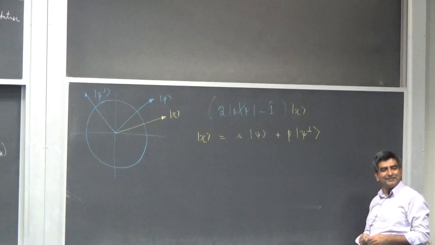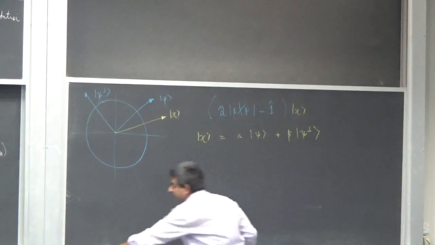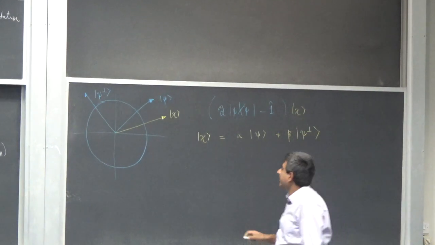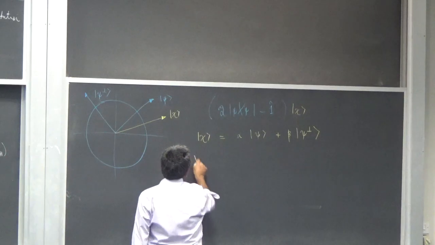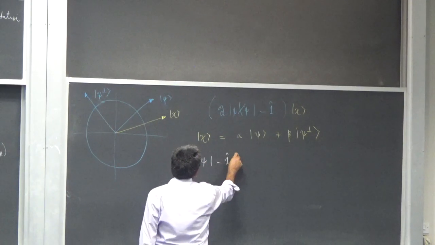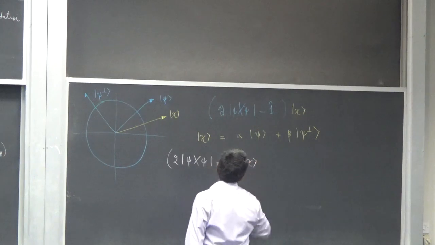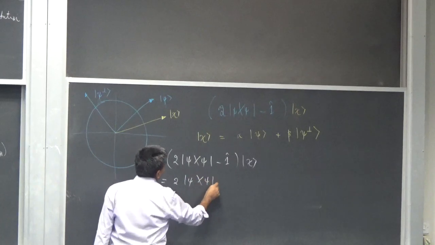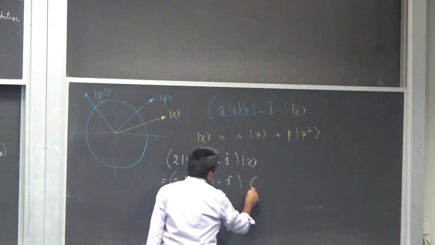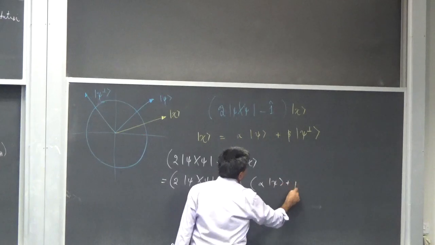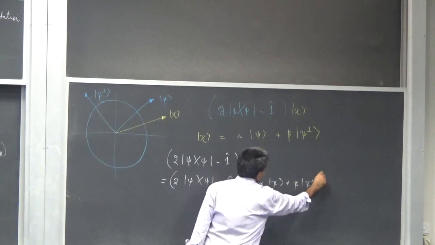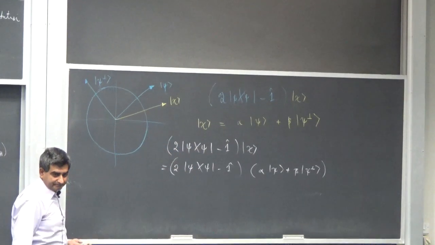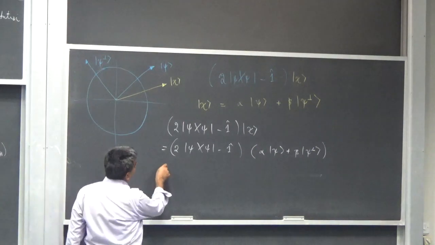Got it? So now what happens if this operator acts on χ? Let's see. So 2|ψ⟩⟨ψ| minus identity acts on χ, which means it acts on α ψ plus β ψ perpendicular.